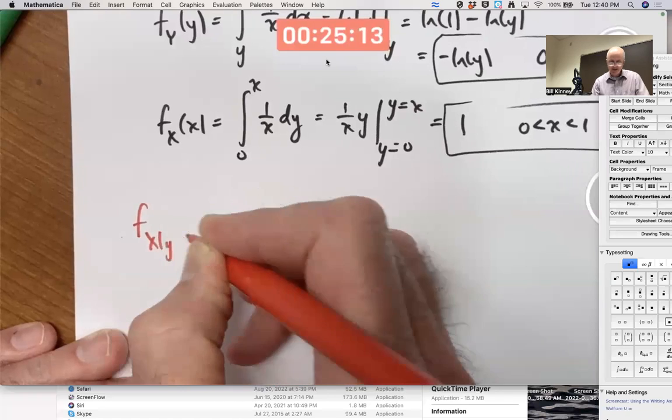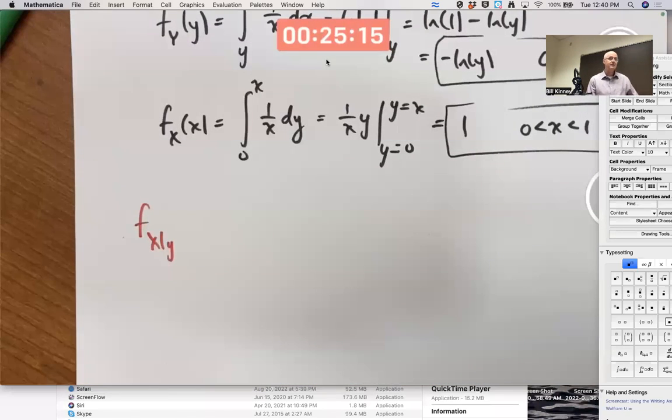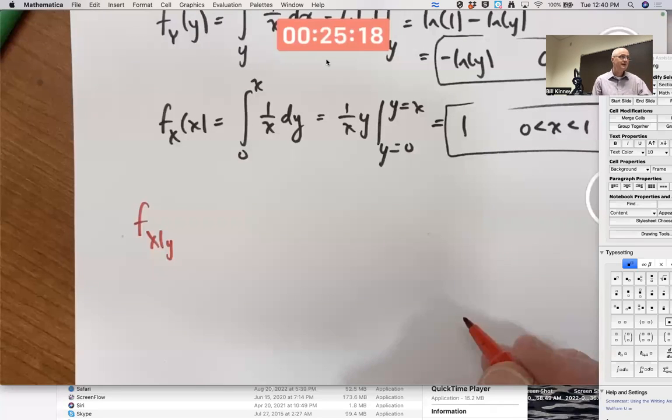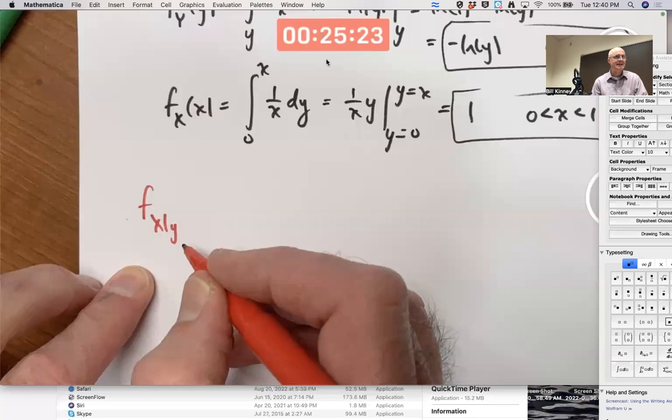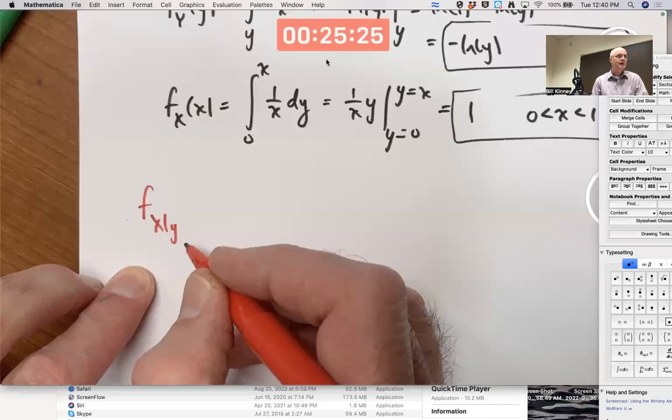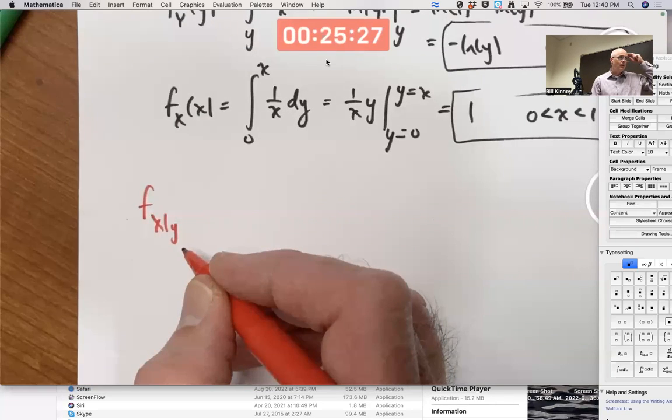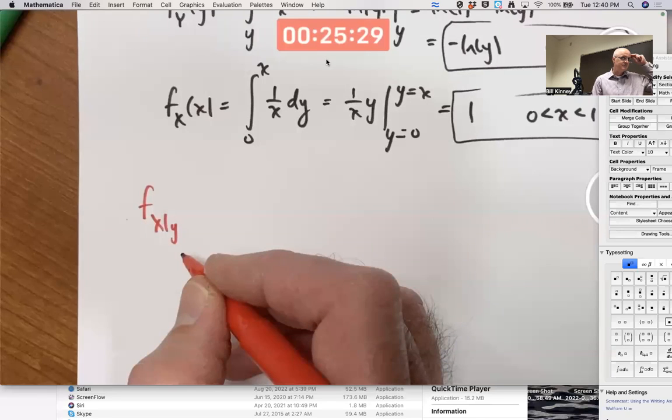What's the conditional density of X given Y? Okay, this is good to review. When you think about this particular conditional density, in your mind, you want to imagine Y is fixed.